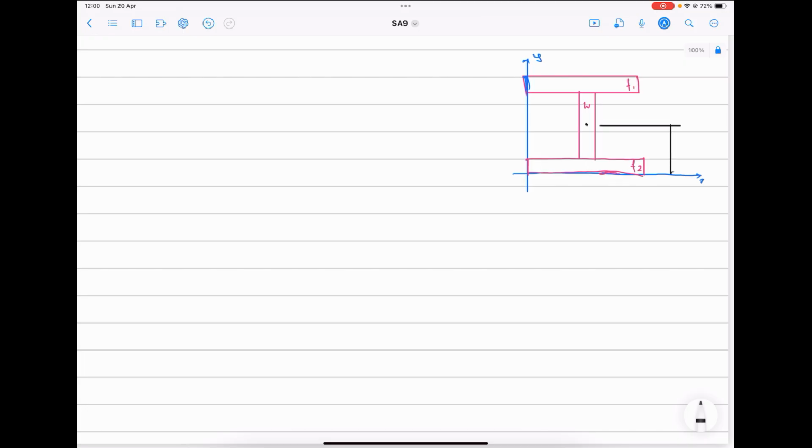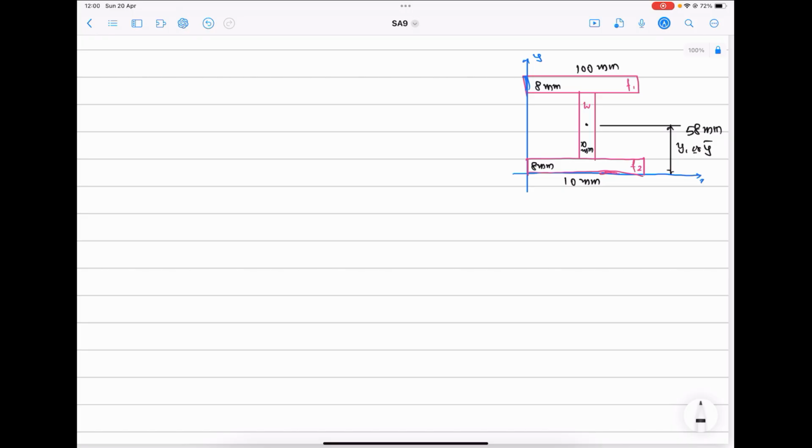Please remember this. Then yc, y bar, is 58 mm, and this is 100 mm, this is 100 mm, this is 8 mm thickness, this is 10 mm.